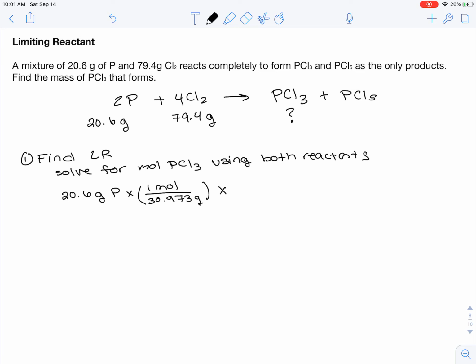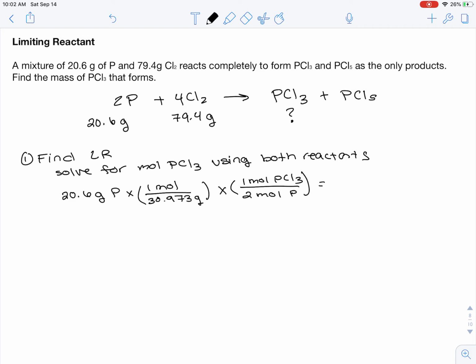Okay, and then I have to use my mole ratio, and my mole ratio for phosphorus trichloride to phosphorus is 1 to 2. So I take that number and I write 1 mole of phosphorus trichloride over 2 moles of phosphorus.